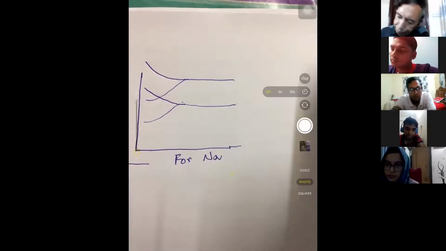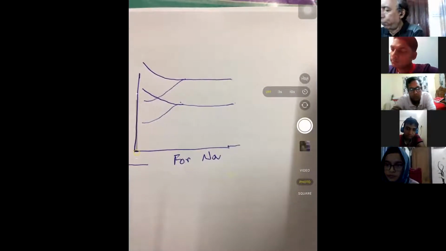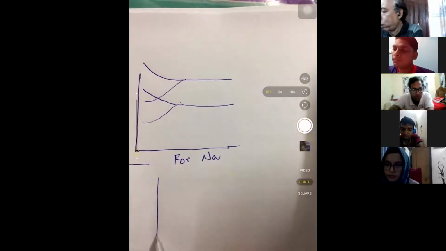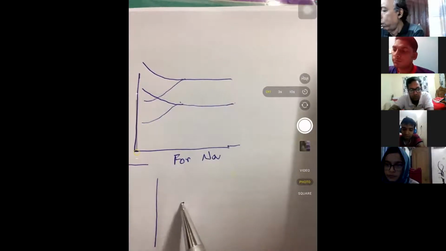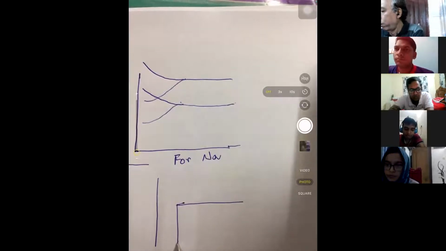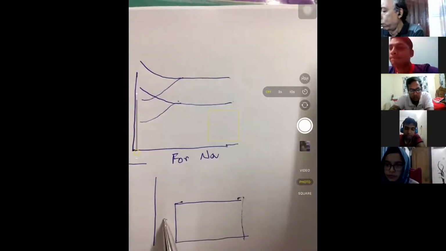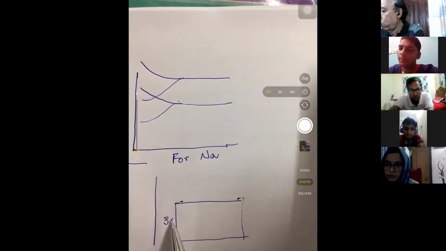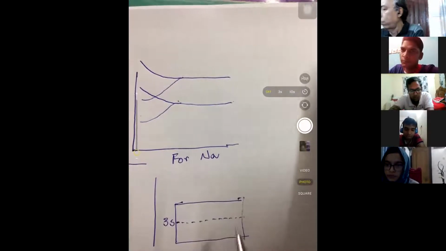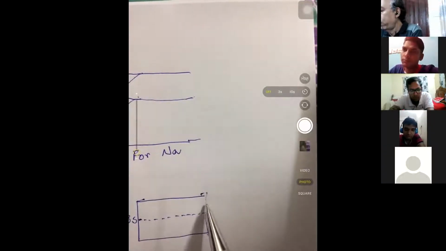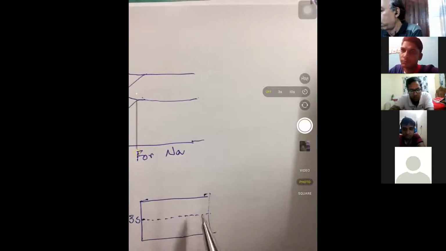So if I write it like that, say for example, this is the valence band. This is the band of sodium. This is for example 3s. 3s is partially filled. Sorry, this is 3s, and this is 3p.